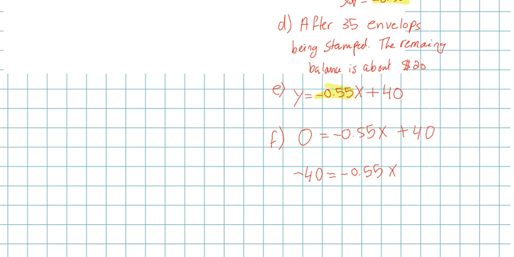What's my next step? How do I get rid of the negative 0.55? What does it become when I bring it to the other side? What kind of operation do I have here? I have multiplication, so when I bring it over, it becomes division.